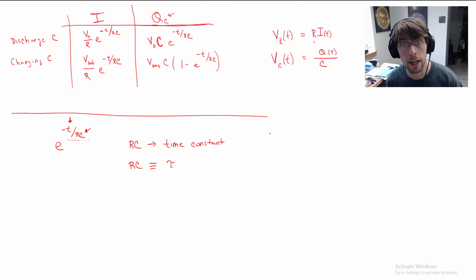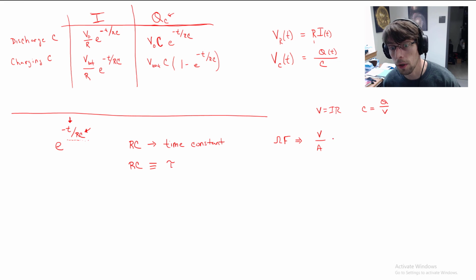We could try to hack that out. In fact, maybe that's a good exercise. R is in ohms, and C, capacitance, is in farads. Well, what's an ohm? If I think about Ohm's law, V equals IR, an ohm must be a volt per amp. And if I think about the definition of capacitance, that's Q over V, so a farad must be charge divided by potential.